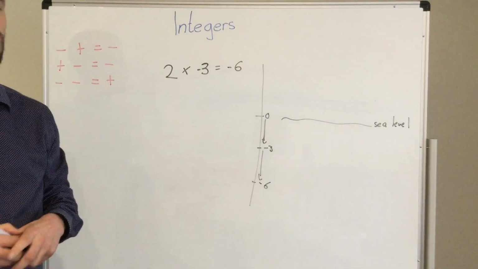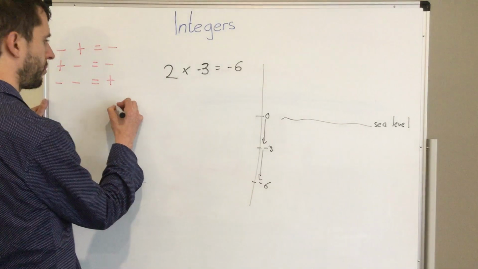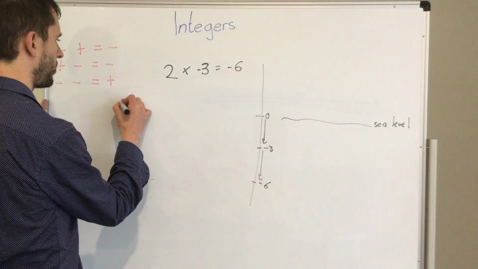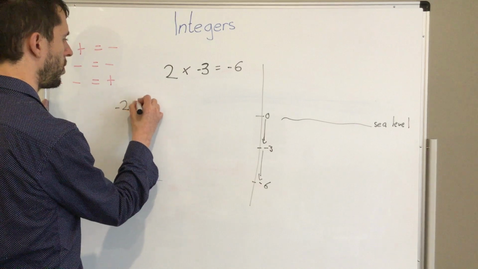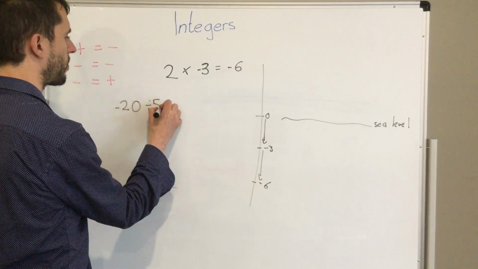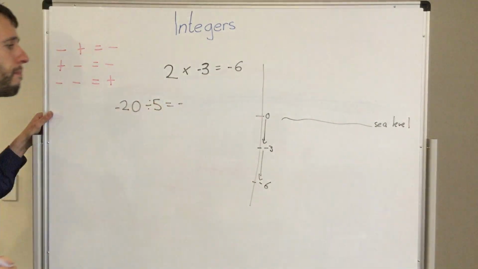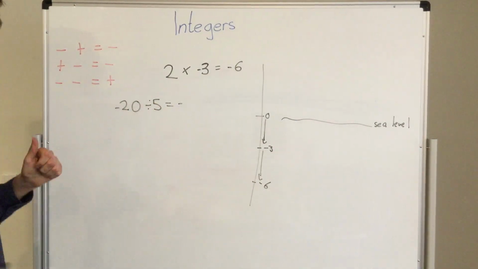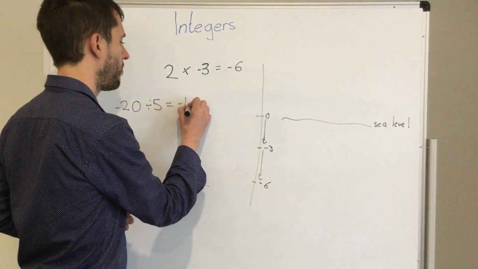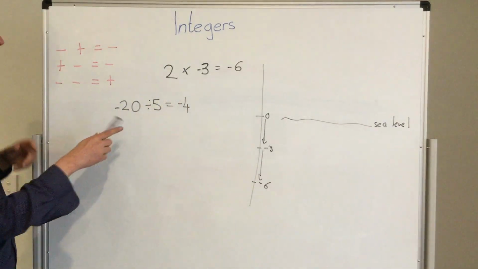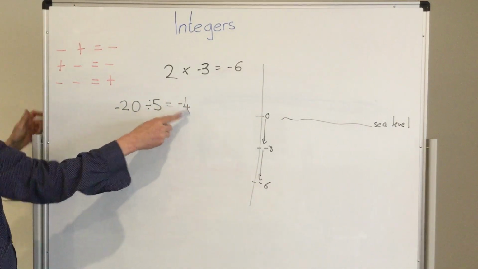Now, if we are looking at division, we know a negative and a positive equals a negative. 20 divided by 5 equals 4. So we know that negative 20 divided by 5 equals negative 4.